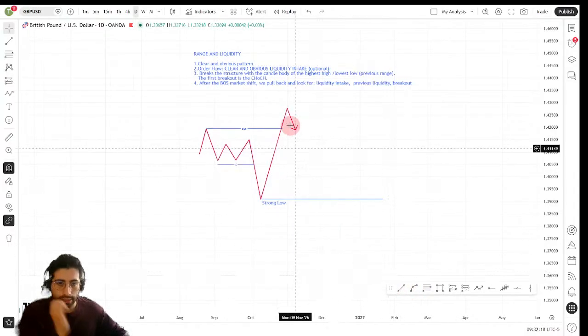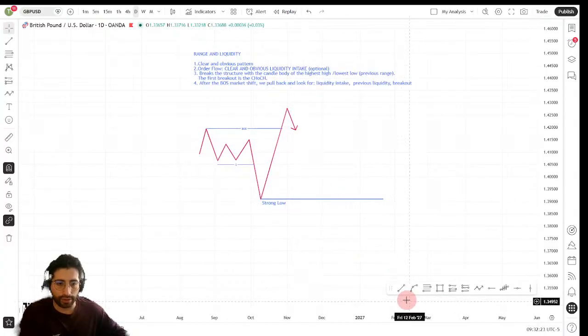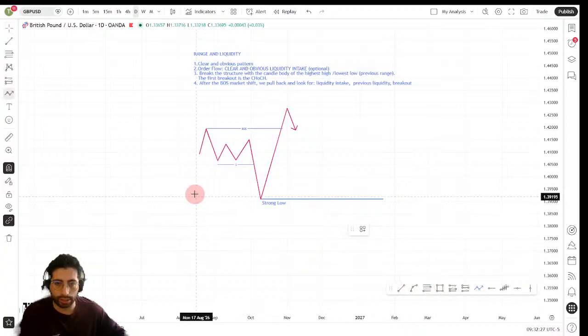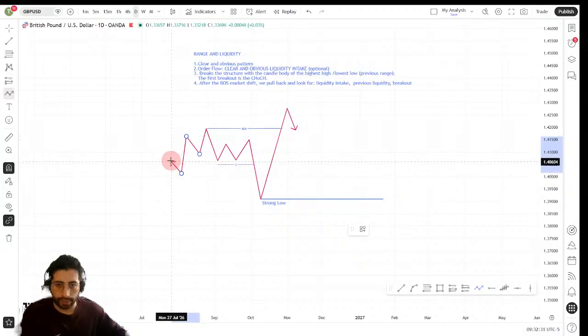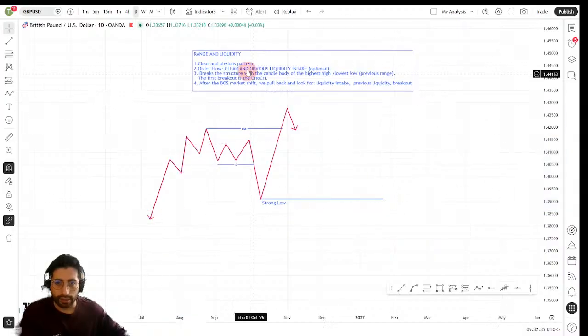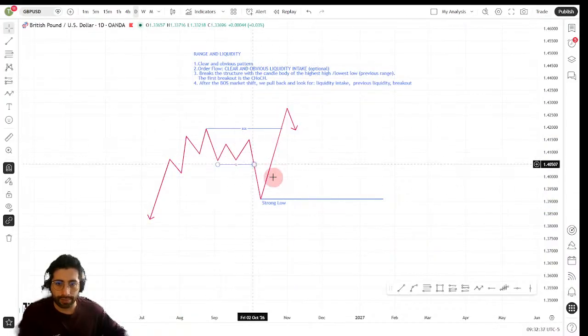Once the price breaks this low, we can find a market shift or a change of direction. There are other concepts we're not going to discuss today. This is the clear and obvious pattern we're looking for.